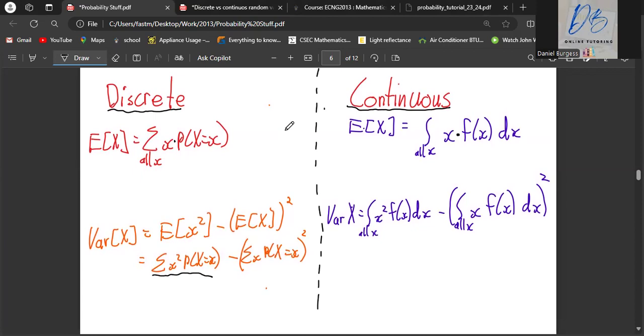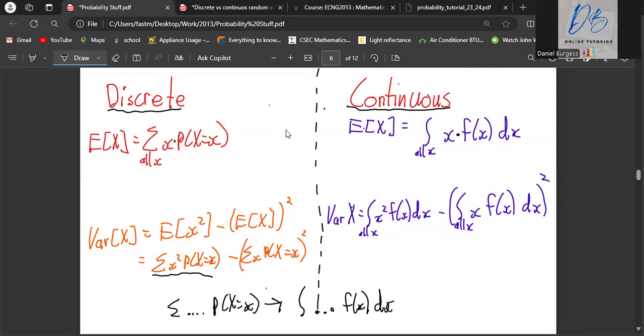So the trick, if you happen to forget it: the sum and the probability x is equal to x parts just swap for the integral f of x dx.